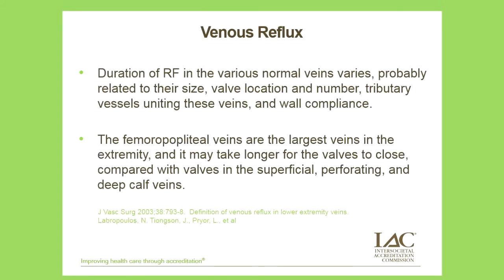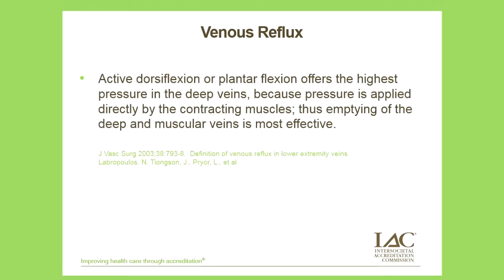I know some of you are rolling your eyes, but I thought I would just bring that up to your attention, that that's how this paper was originally designed. I also talked about the duration of retrograde flow varies related to size, valve location, and number. And tributaries, like we said, the reservoir can influence that.